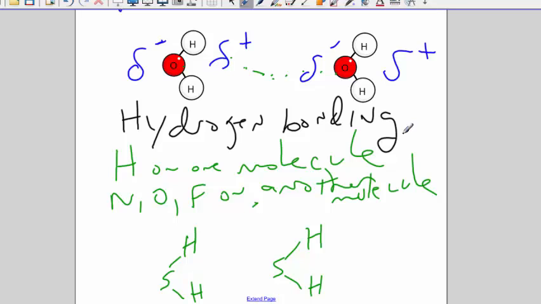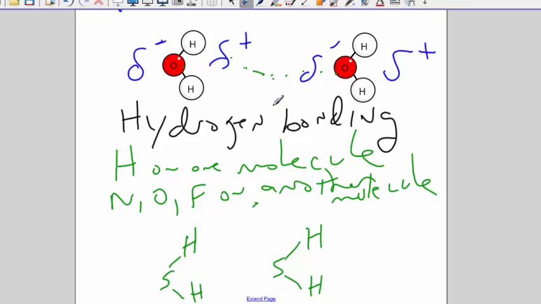And it's characterized by very high boiling points because it takes a lot to break this bond. Remember, when you're boiling water, you're not breaking the bond between the atoms, you're breaking bonds between the molecules. But it's that bond that's unusually strong, and that's why water has a very high boiling point.